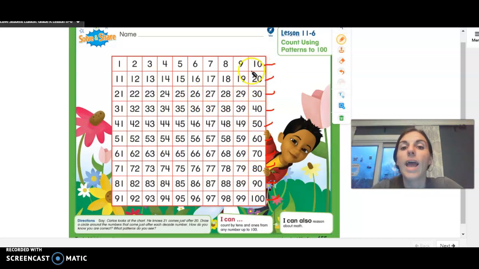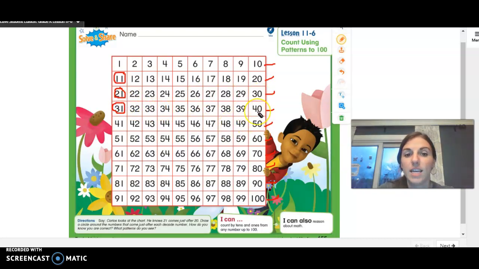So the number that comes right after the decade number, so if we have 10, is the number that comes right below it, or is it starting a new line? It's starting the new line. So the number that comes right after the decade number 10 would be 11. Then the number that comes after the decade number 20, good job, 21. What number comes after the decade number 30? 31, nice job.